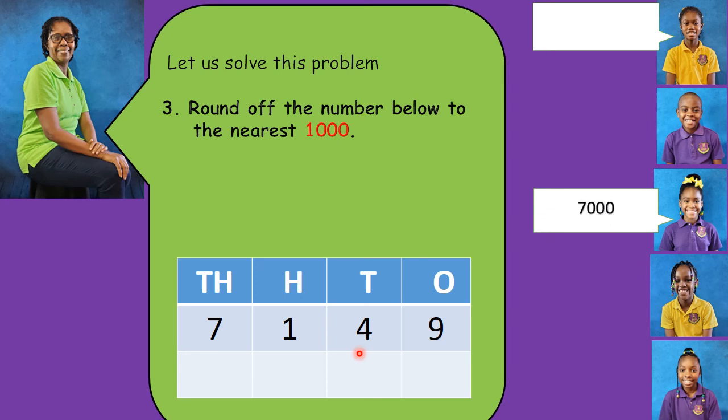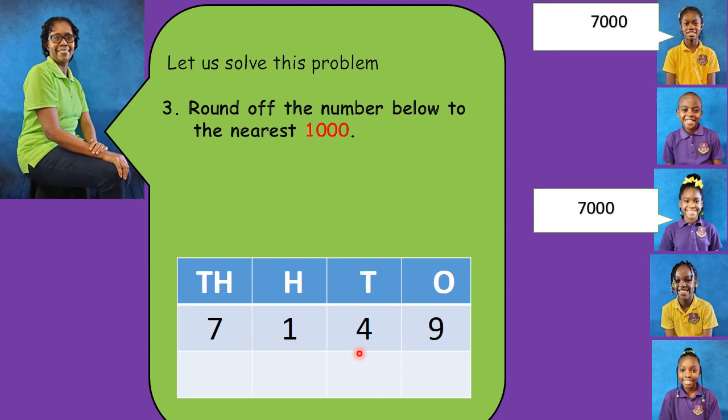So Danelia is saying the answer would be 7,000. And oh, it was Sarah. Sarah is saying the answer is 7,000. And Danelia is also saying the answer is 7,000. All right. Did you type 7,000 in the comment section?